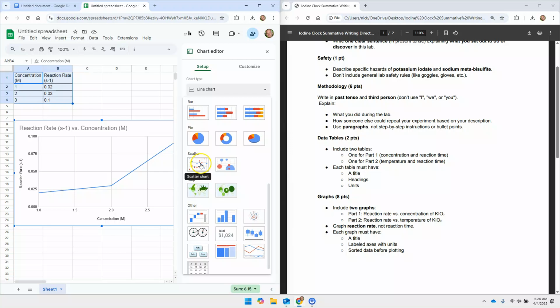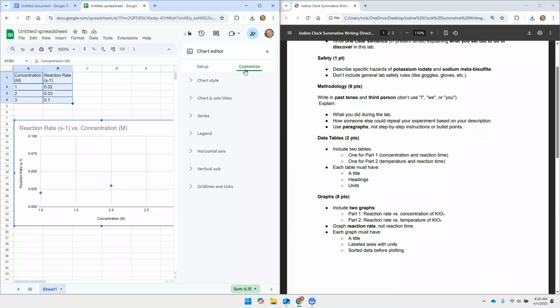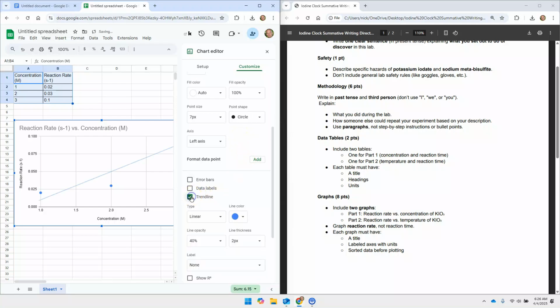So if you go down, you'll find scatter plot here, just like that. And we want to insert a trend line here. So if I go up to Customize, I want to go to Series, and then scroll down to Trend Line. So that'll give us a line that goes through our data points.